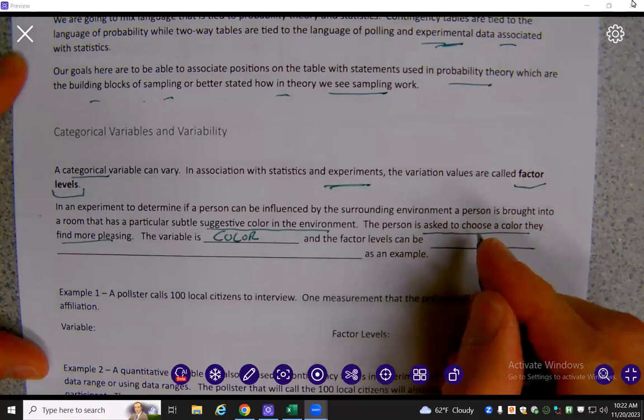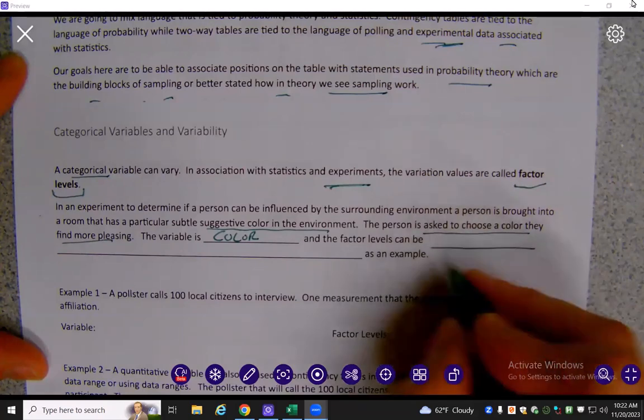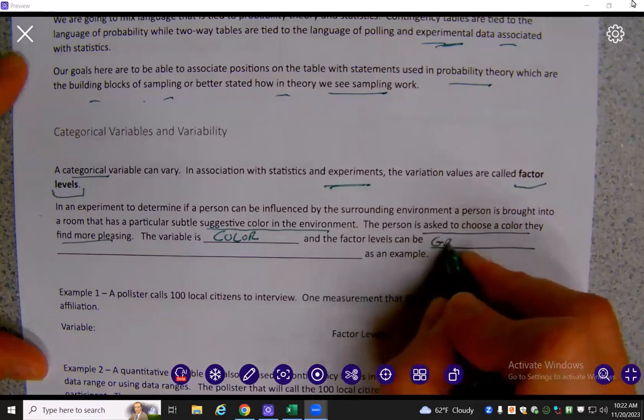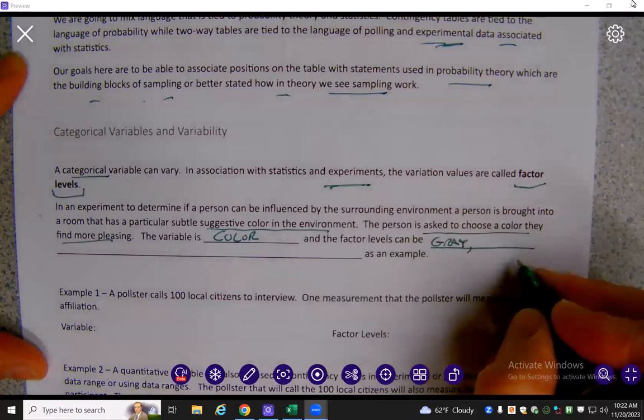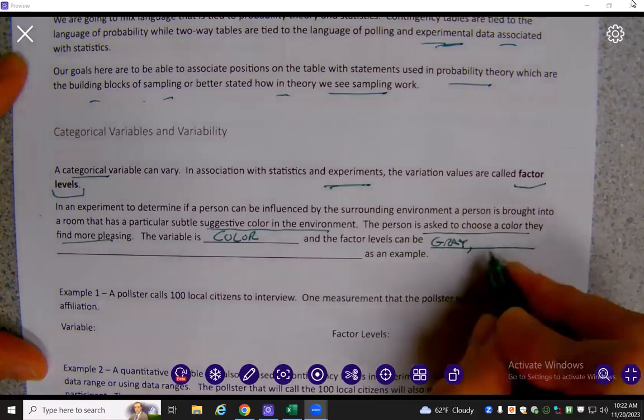What's the name of a color? Gray. Yes, it could be gray. What's another color? Blue. See how easy this is?